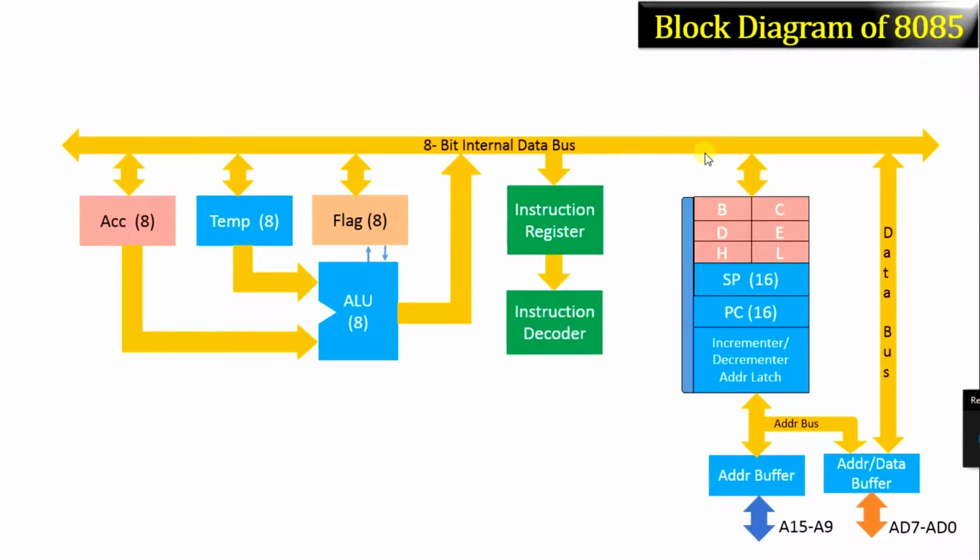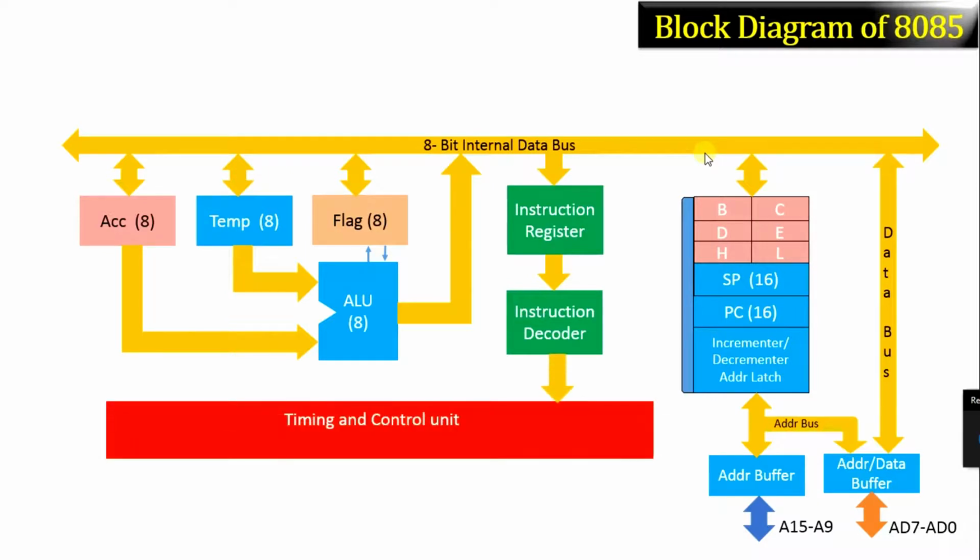After decoding these instructions, we have to generate timing and control signals, so that the blocks of this IC perform accordingly. For that we need a timing and control unit. This timing and control unit generates timing and control signals and spreads them throughout the blocks like this. The red lines shown in the figure indicate the control bus or control lines.